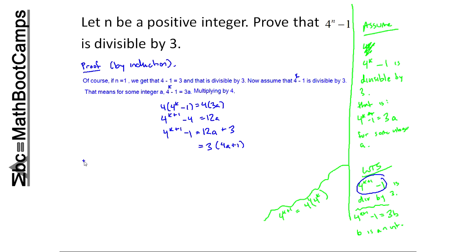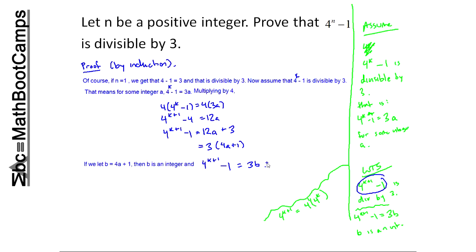So now I can say something to kind of organize it. I could say something like if we let b equal 4a plus 1, then b is an integer, and 4 to the k plus 1 minus 1 equals 3b.